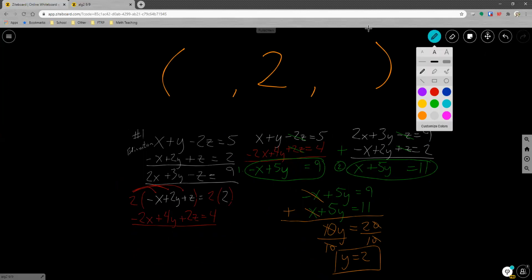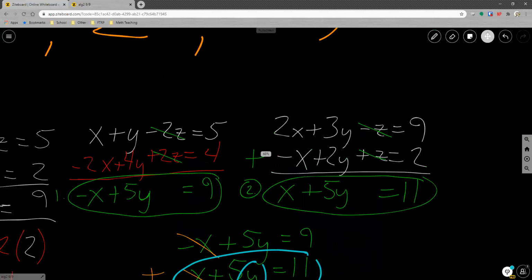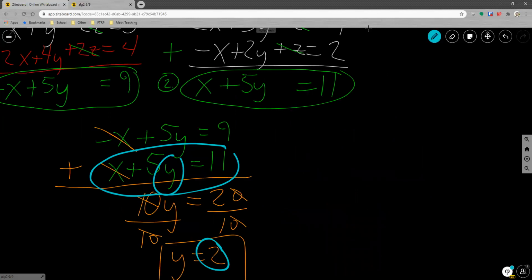Well, from here, I can take this value 2 for y, and I can plug it right back into either of these equations. In fact, I'm going to plug it into the second equation here for y. So I'm going to zoom back in. My second equation is x plus 5y equals 11.